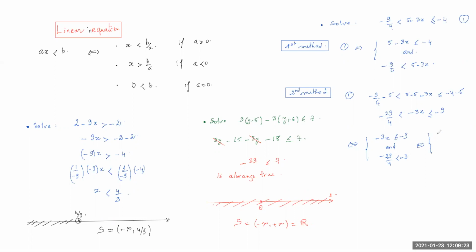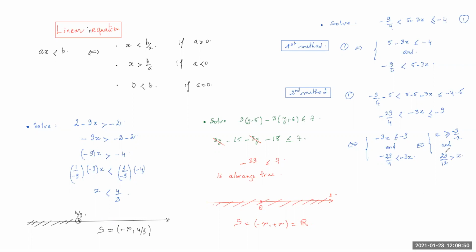The first one: if I divide by minus 3, I will get x greater or equal to minus 9 over minus 3. And you see this is very important. I forgot an x here. If I divide both sides, I also change the inequality. So I will have 29 over 12 greater than x.